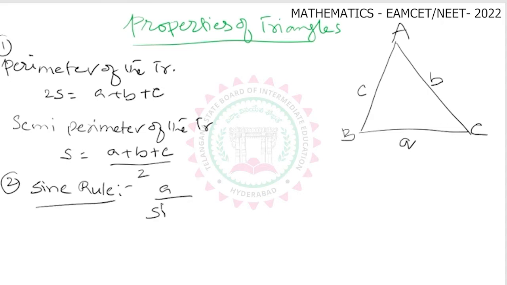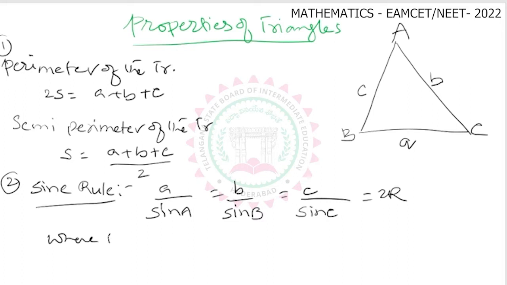Small a by sine A is equal to small b by sine B is equal to small c by sine C is equal to 2 capital R, where this capital R is called the circumradius. Right? Capital R is nothing but the circumradius. Okay? Is it clear?